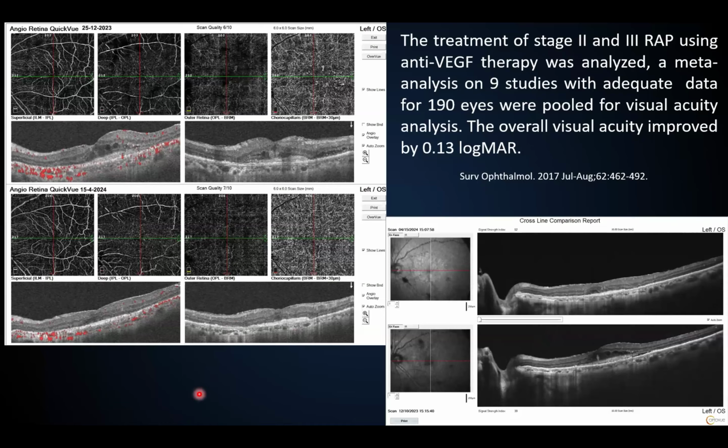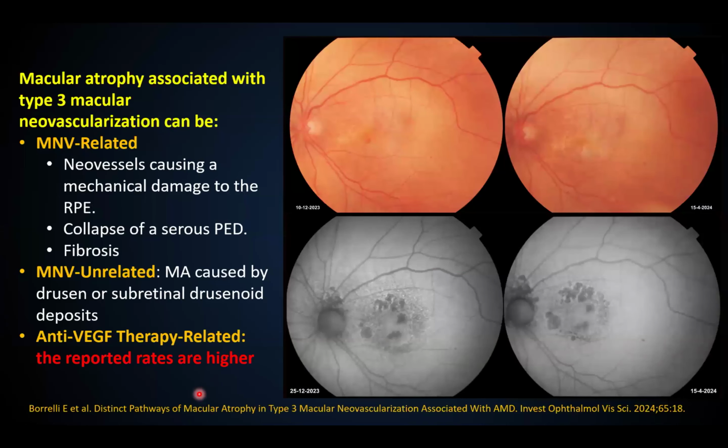But this is the situation which is always not good. When we look at the case before and after injection, we can see that there is enlargement of the geographic atrophy, of the macular atrophy, and that was very fast, during 5 months. This is the main problem with treating type 3 MNVs.